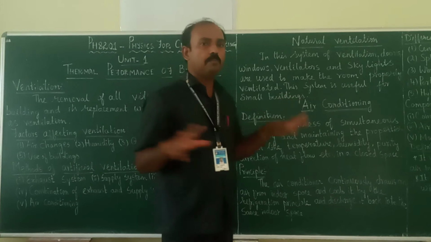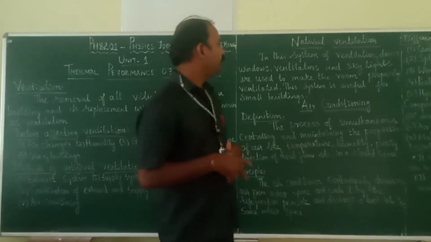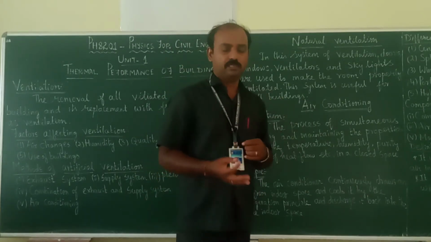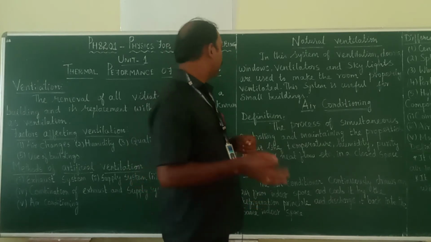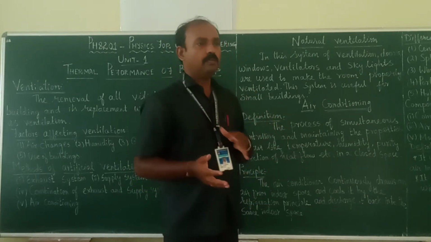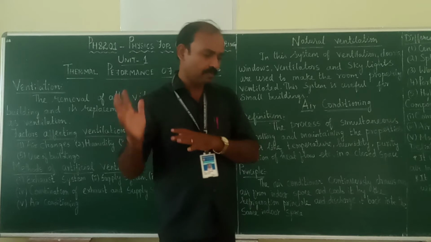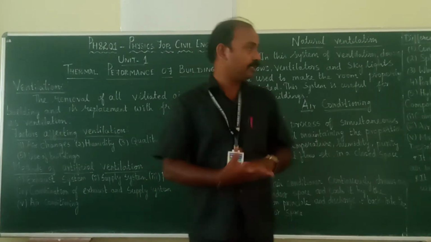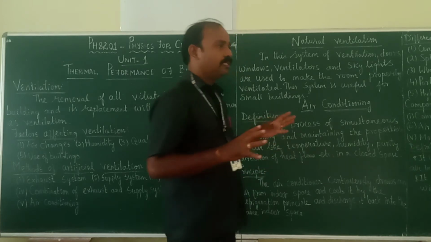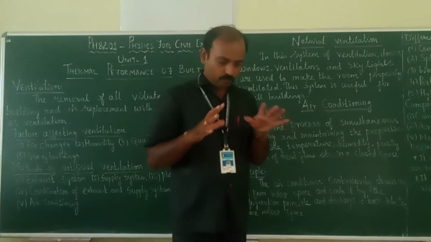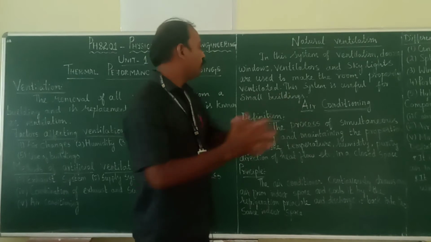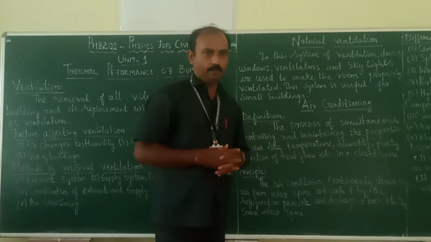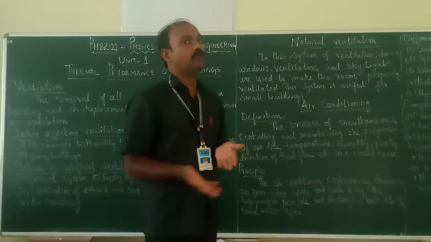So this is all about the details of ventilation, the need for ventilation, the types of ventilation, and how unhealthy air is taken out with the different methods. Okay, so this ventilation part is over. Next, I am going to teach about air conditioning, which was also already explained.